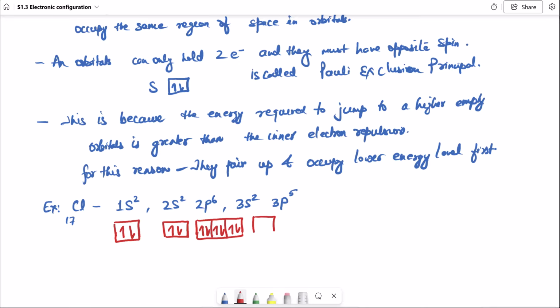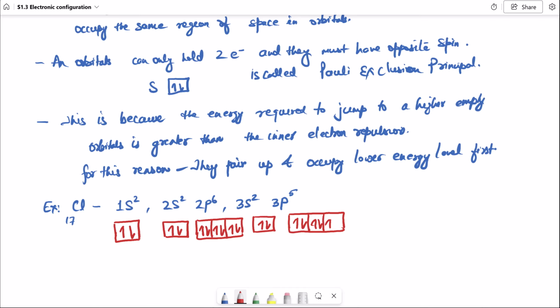For 3s, we will show it like this. For 3p, there are 5 electrons, so first we will fill it like this, 1, 2, 3, 4, 5, like this. So this is how the electronic configuration is done.